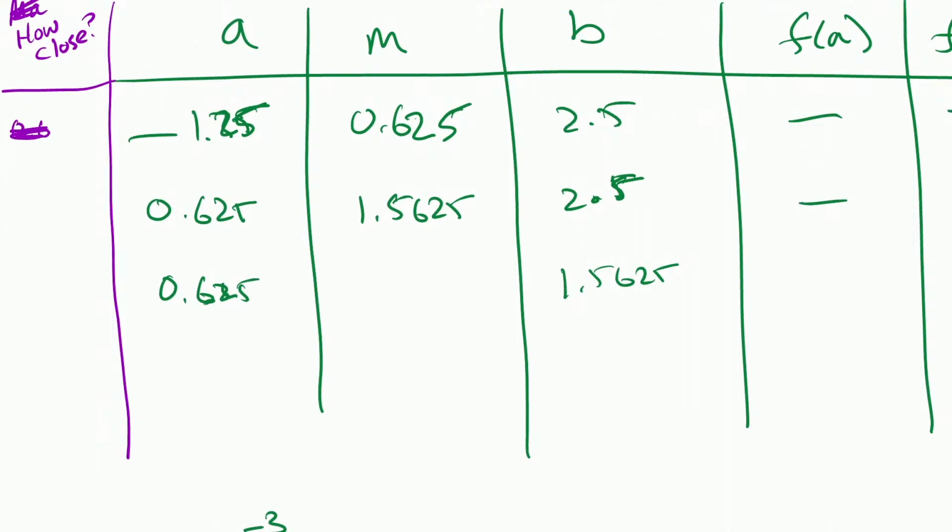That would do it, 0.625. It's 1.875. So I just took the difference between these two, because presumably that's in the middle. And so the worst case scenario is that you say this is the answer. The true answer is either down here or up here. So that's how close. So I would keep going.